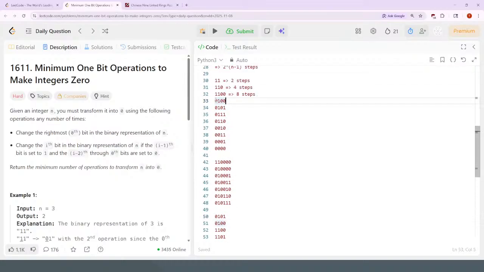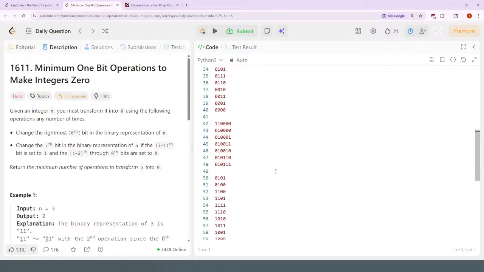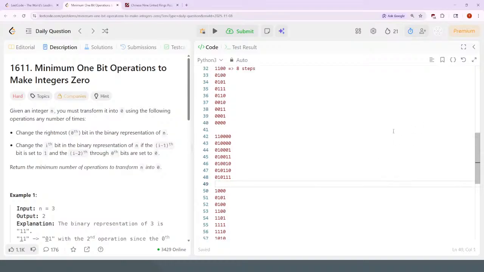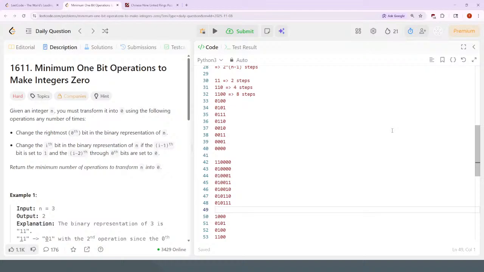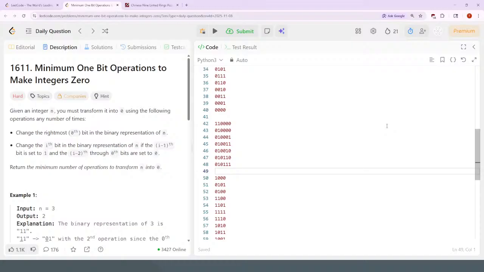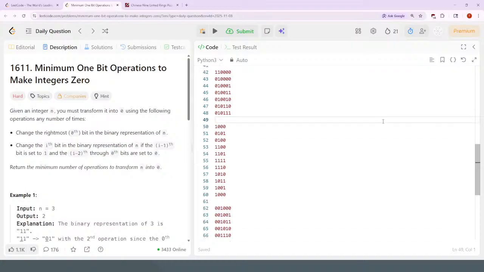Okay, if it's a 1 followed by zeros, it's a power of 2 less than 1. So if it's a 1 followed by zeros, that's what I'm aiming for.